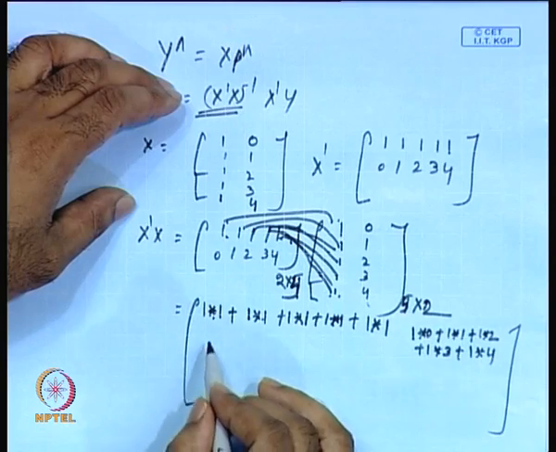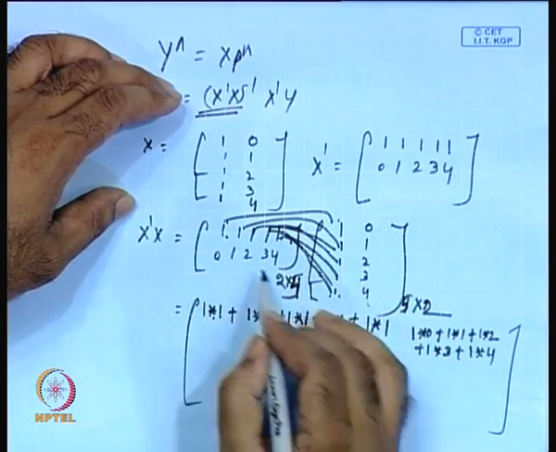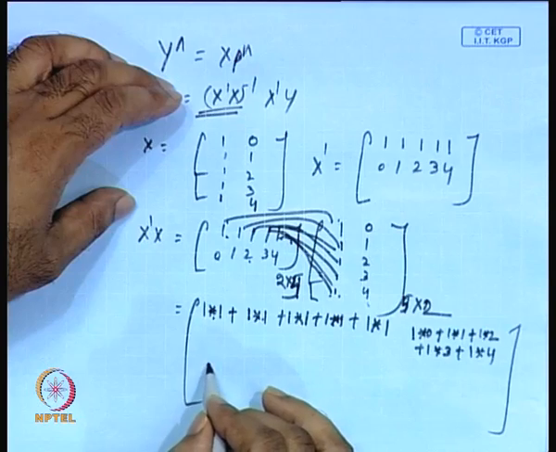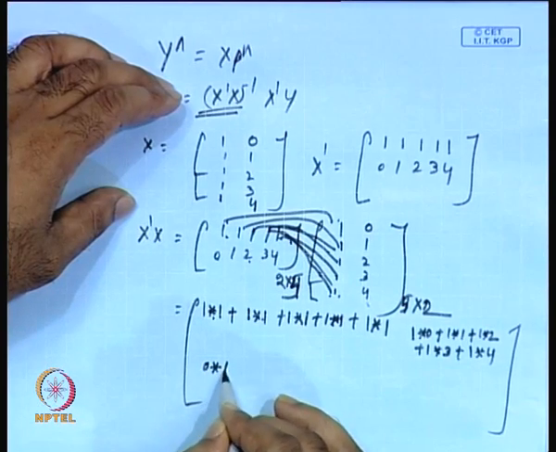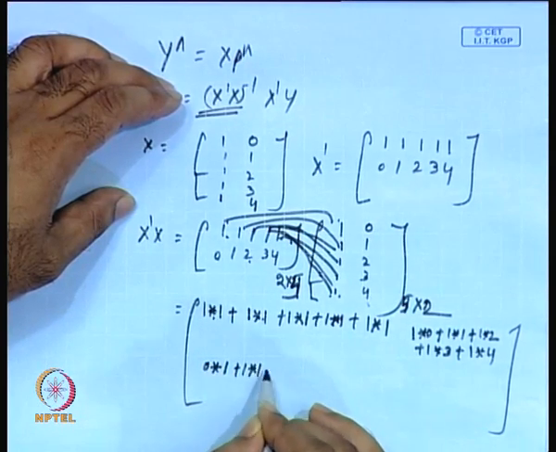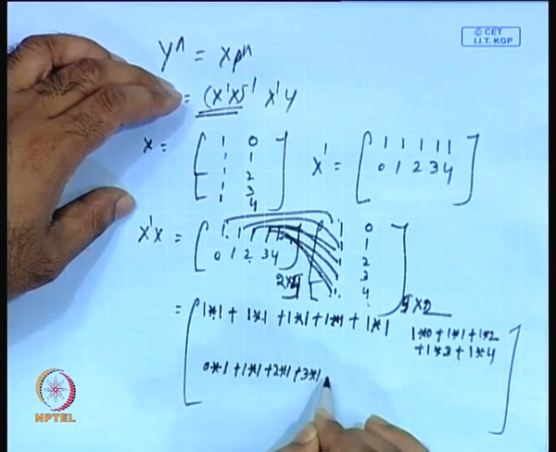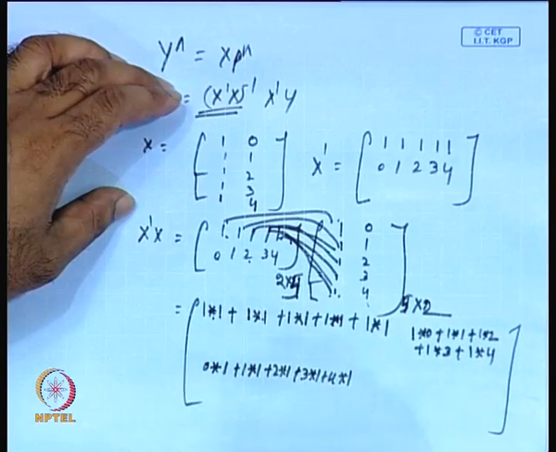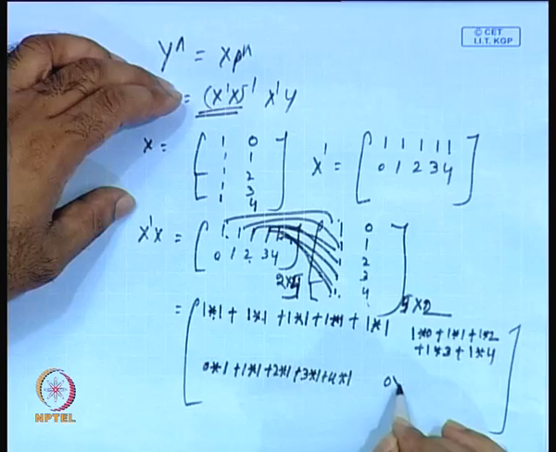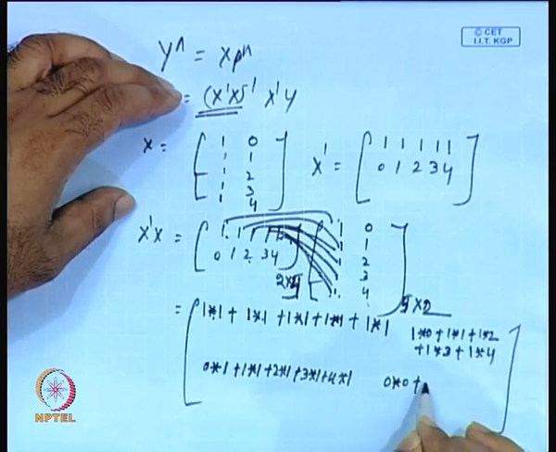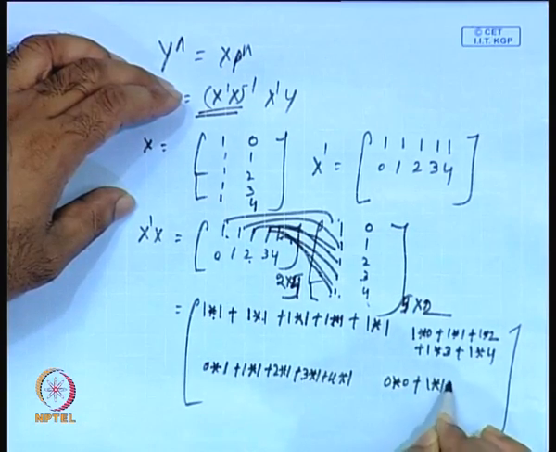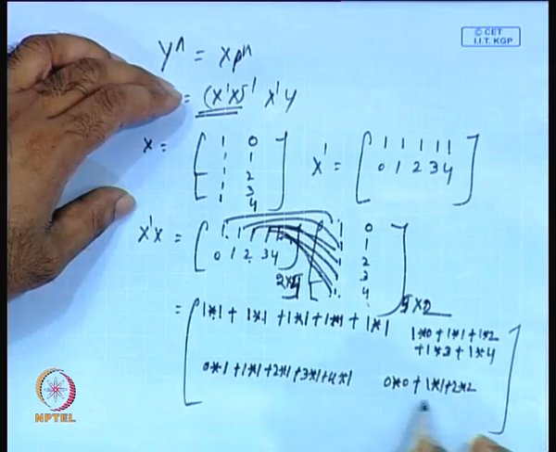Then the row 0, 1, 2, 3, 4 is multiplied by the column of ones. So that means 0 into 1 plus 1 into 1 plus 2 into 1 plus 3 into 1 plus 4 into 1. Then the last entry is 0 into 0 plus 1 into 1 plus 2 into 2 plus 3 into 3 plus 4 into 4.